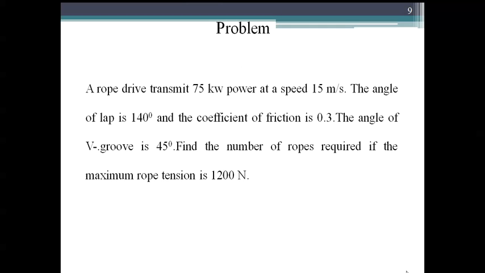In the rope drive we can use a number of ropes to transmit power. This rope drive consists of a number of ropes, and the total rope drive transmits 75 kilowatts. To find the number of ropes, we need to find the power transmitted by a single rope.